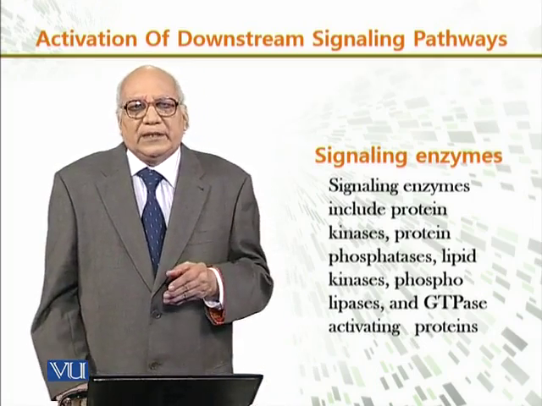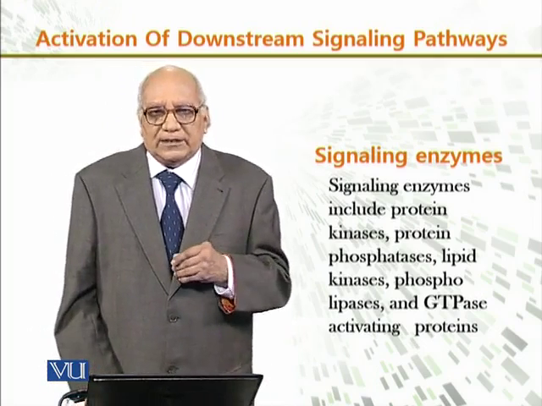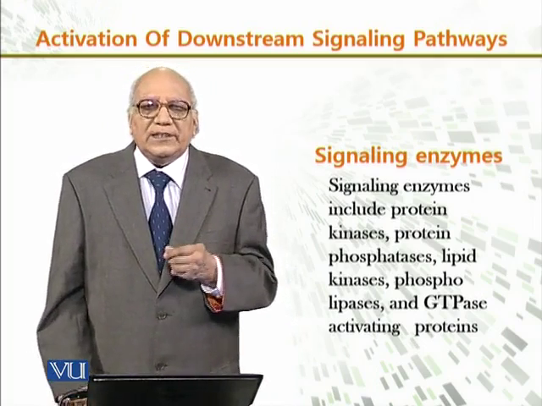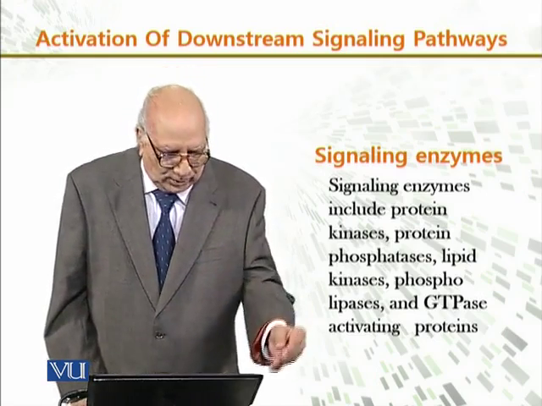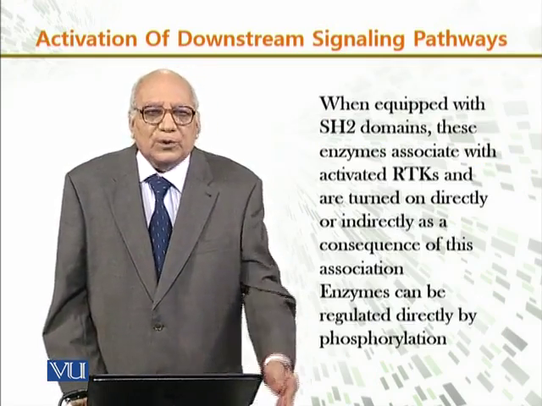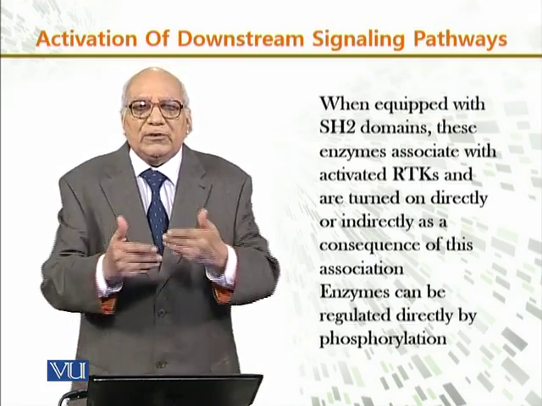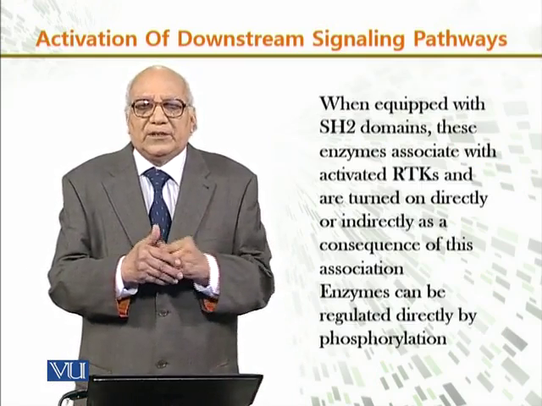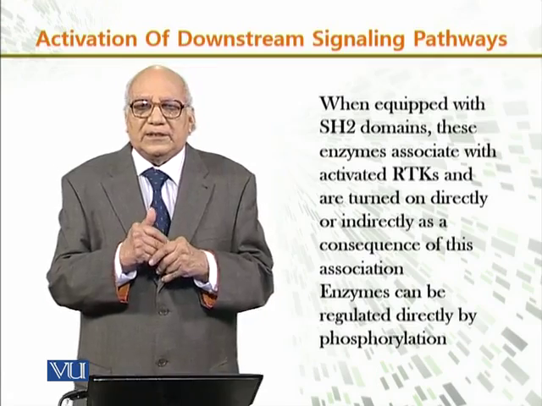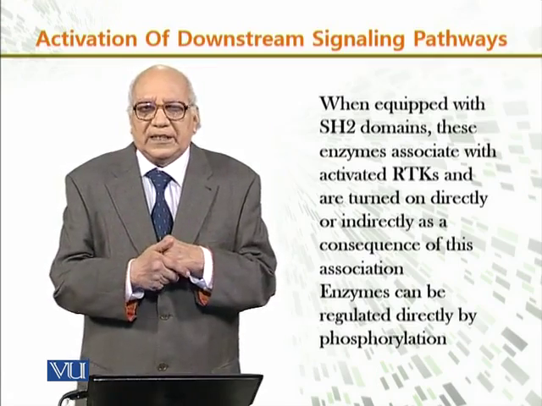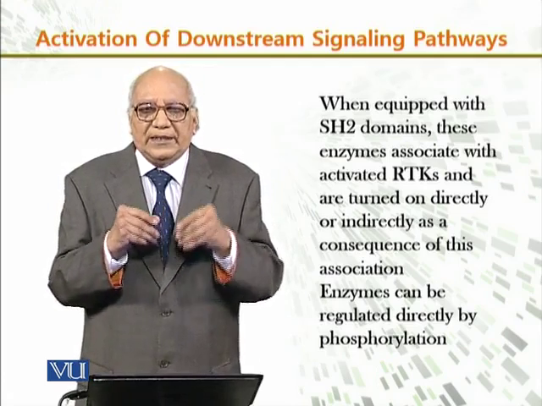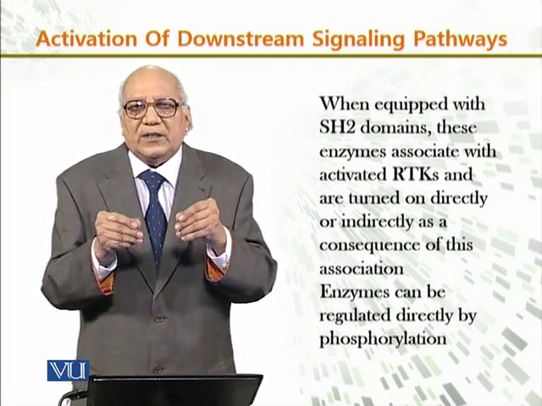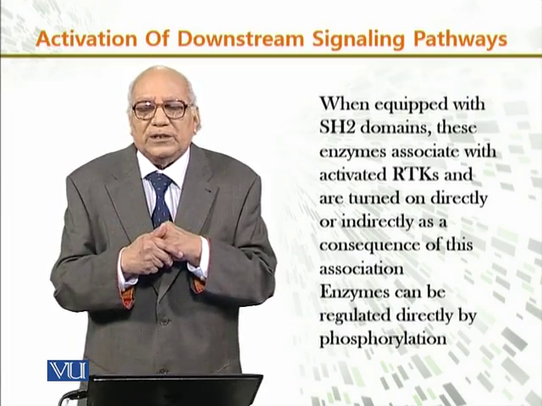At the same time, I should leave a question with you: where will these signaling enzymes be in the cell? So you know the answer. Now, when equipped with SH2 domains, these enzymes associate with activated RTKs and are turned on directly or indirectly as a consequence of this association.